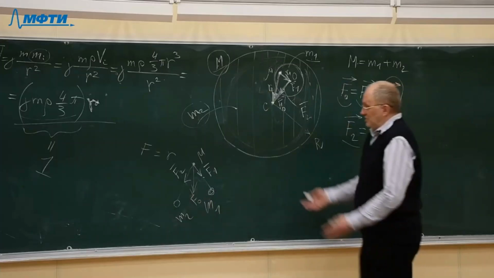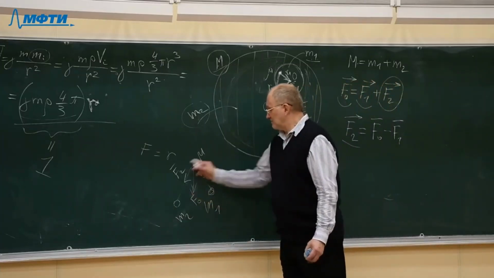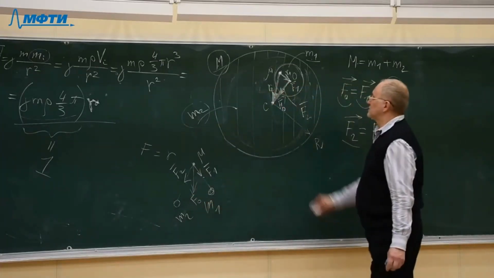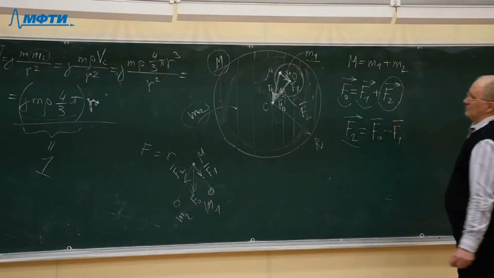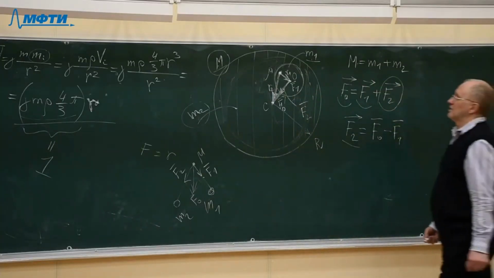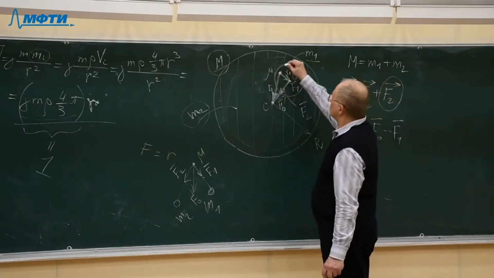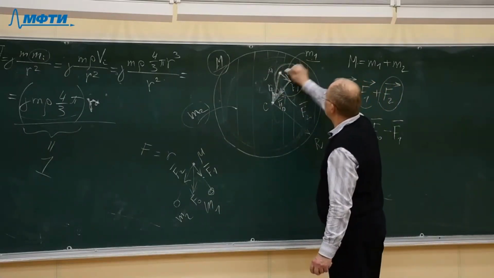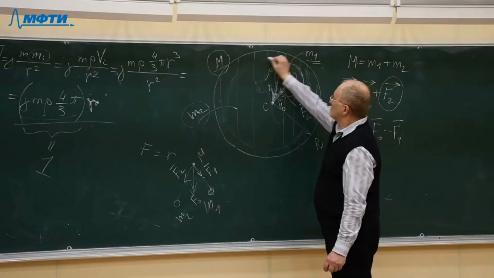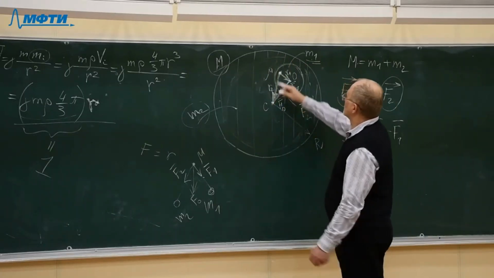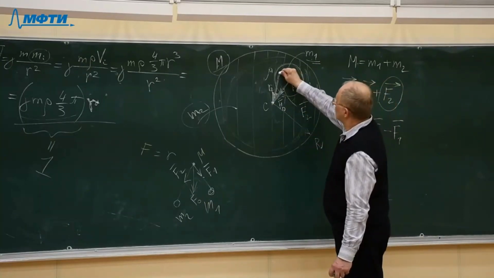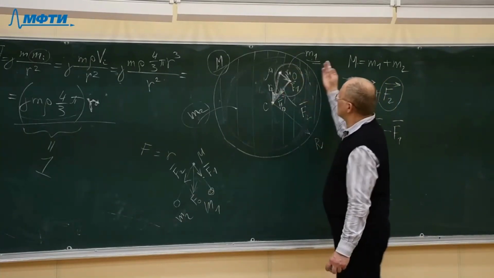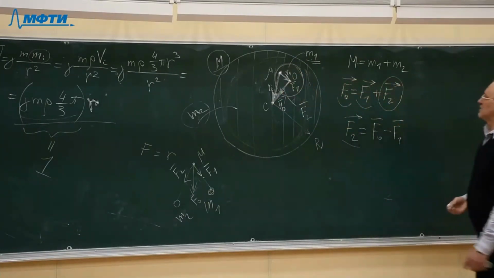So this principle of vector superposition of fields is used in this problem. Nothing more, just a vector superposition of fields. We have to calculate the interaction of this body with the small sphere if it's filled with matter, and with the remaining part, and these two interactions will give you the interaction of the small body with the large sphere if it's filled totally uniformly with matter.